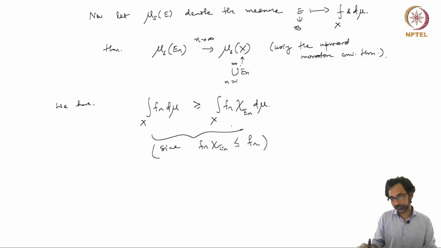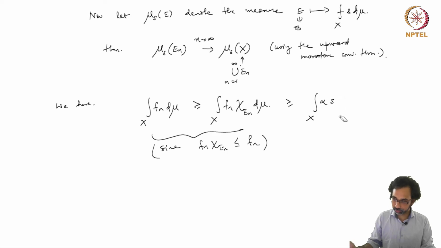Then on this set E_n we have that f_n is greater than or equal to alpha times s(x). So this is greater than or equal to the integral of alpha times s chi_{E_n} d mu.